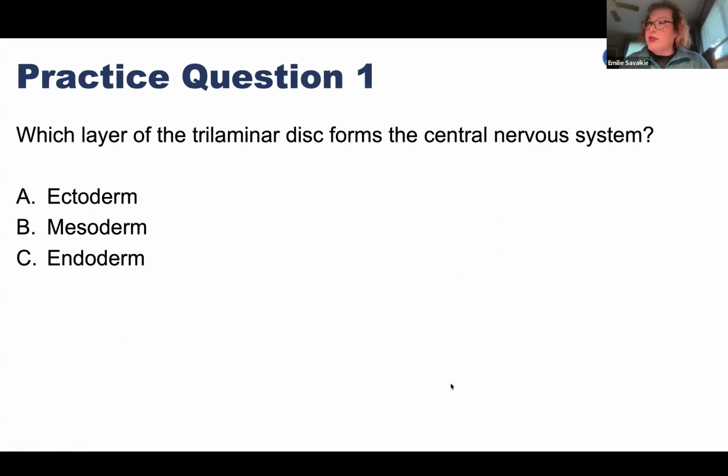And so just to make sure everyone's listening, which layer of the trilaminar disc forms the central nervous system?